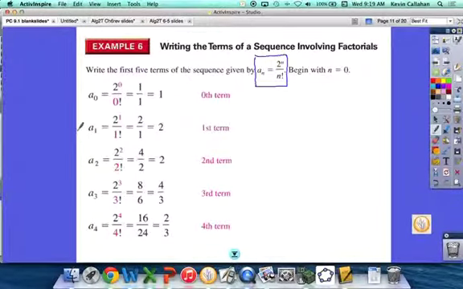For the factorial, 0 factorial. Anything to the 0 power is 1. 0 factorial defined as 1, 1. The 1 factorial, 2 factorial, 3 factorial, we already did those. 4 factorial would be 3 factorial times 4, which makes it 24. 6 times 4.